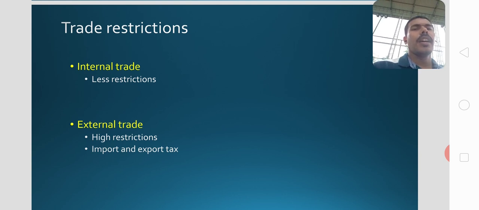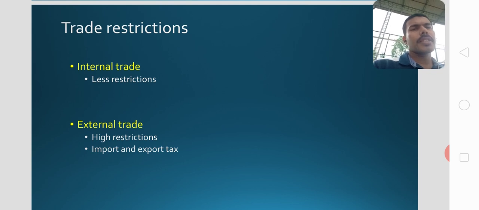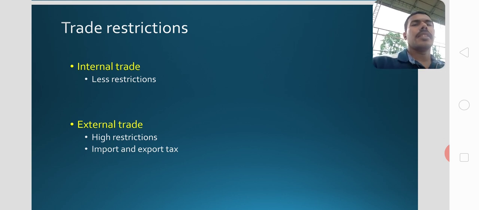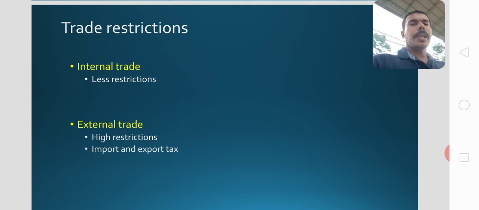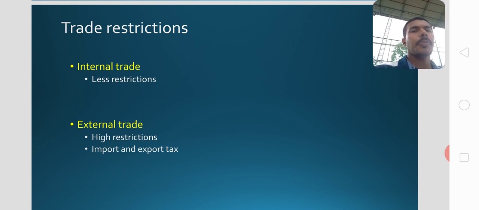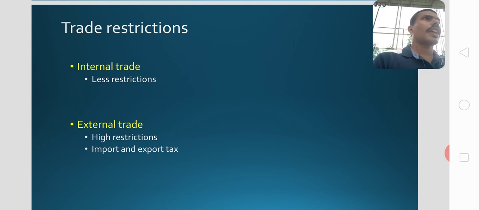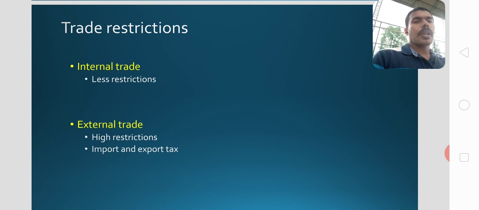For example, in case of importing commodities from a foreign country, importers have to pay import tax, exporters have to pay export tax. All these taxes will be reflected in the price of the commodity.